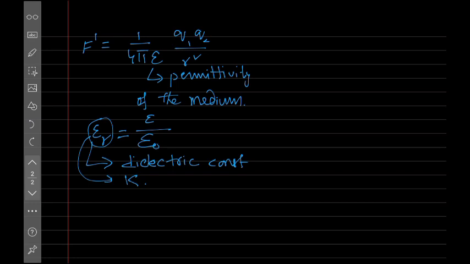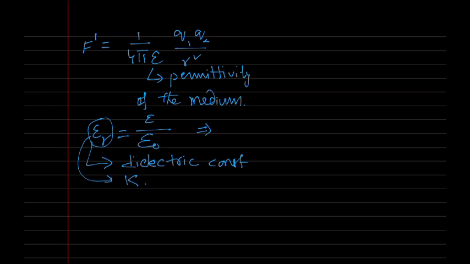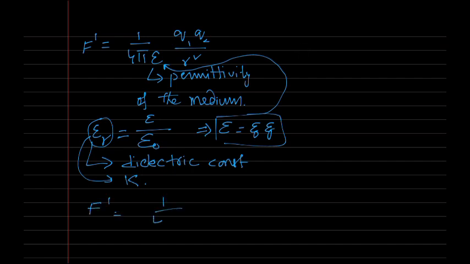Now I can rewrite this equation as epsilon is equal to epsilon naught into epsilon r. Now I am replacing this relation into here. Now what I am getting, this F dash, let's say, is 1 by 4 pi epsilon naught epsilon r q1 q2 by r square, right?